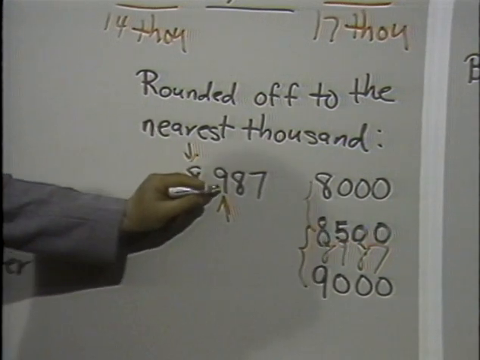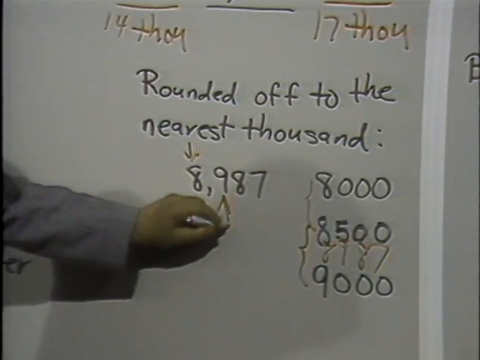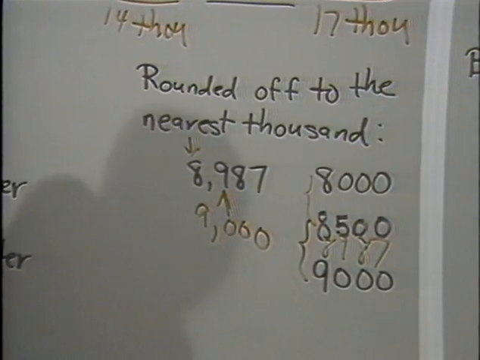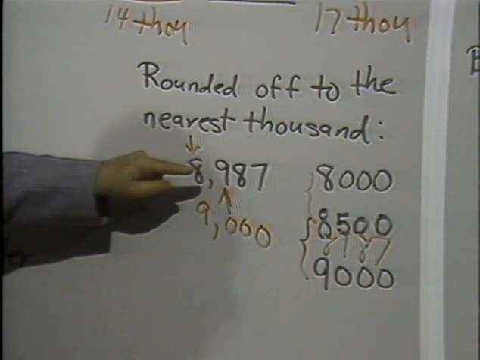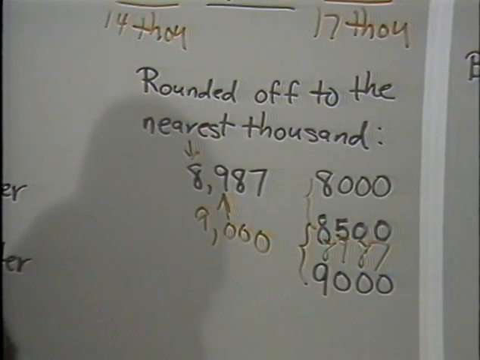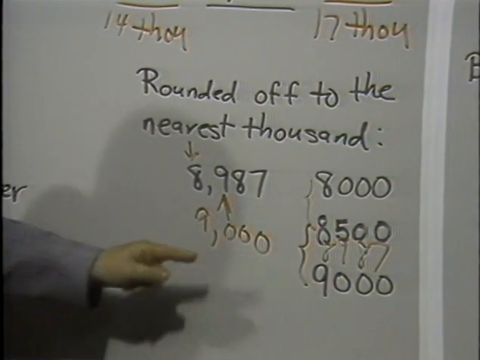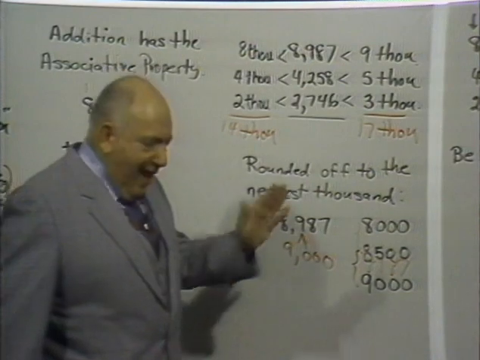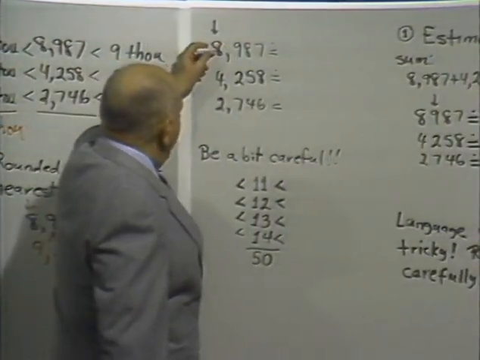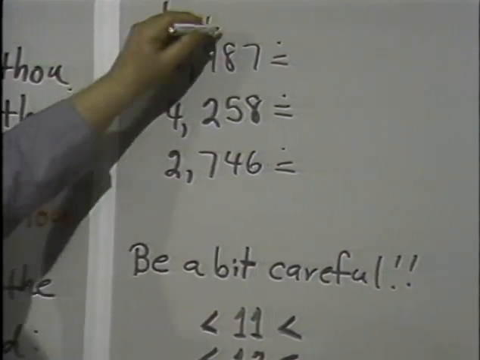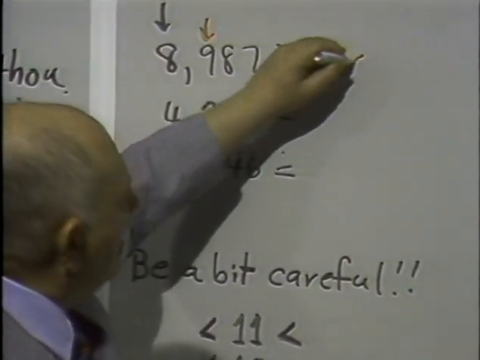In this case, since this is more than 5, we make this a 9, then replace everything by zeros. And what that says is that 8,987 is not only between 8,000 and 9,000, but it's closer to 9,000. Now watch what happens. Rounded off to the nearest thousand, 8,987 is closer to 9,000.